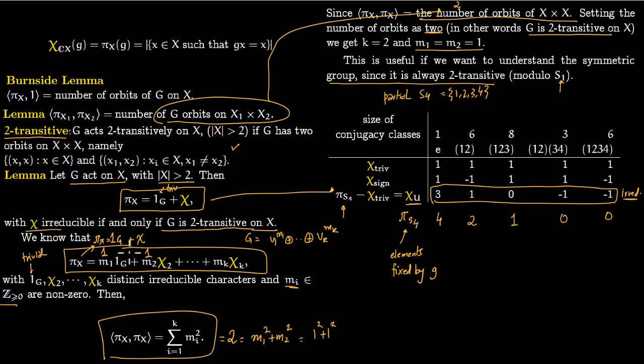And we have seen the application of this. For S3 also we have the same trick. You know the trivial and you know the sign representation, and you just see what are the elements fixed by g, and then you subtract the trivial to get another row. We have actually computed the entire character table of S4 in a previous lecture, but this adds more sense to that lecture.